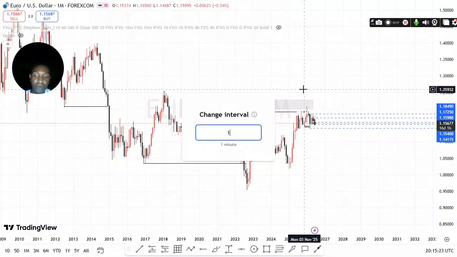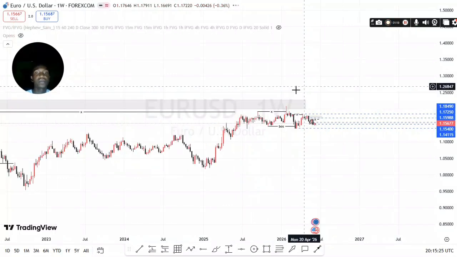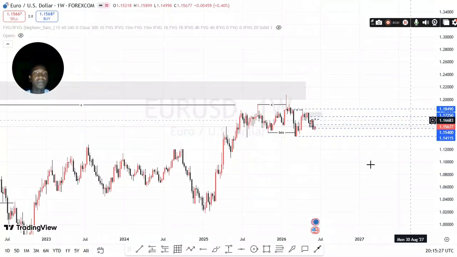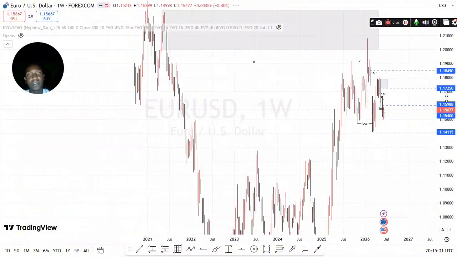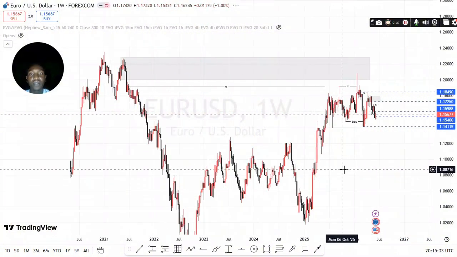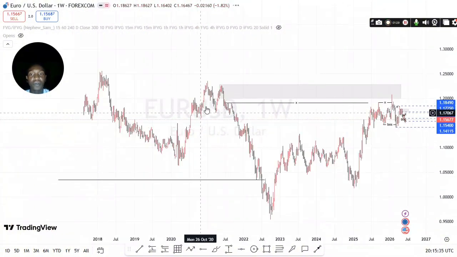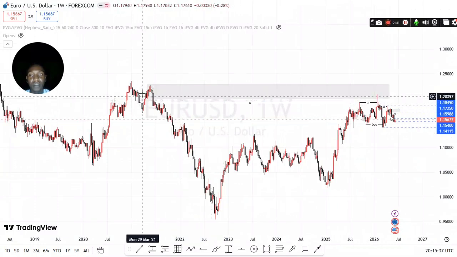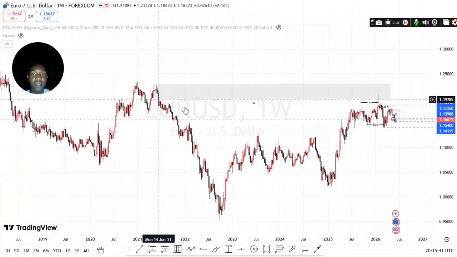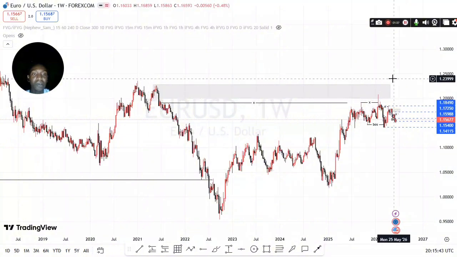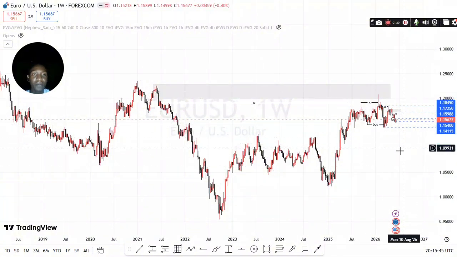Then we now go to the 1 week, which is the weekly time frame. You can see that it's already bearish. Remember the monthly order block that I marked in the monthly time frame? We expect that price gets to that monthly order block and starts selling from there.